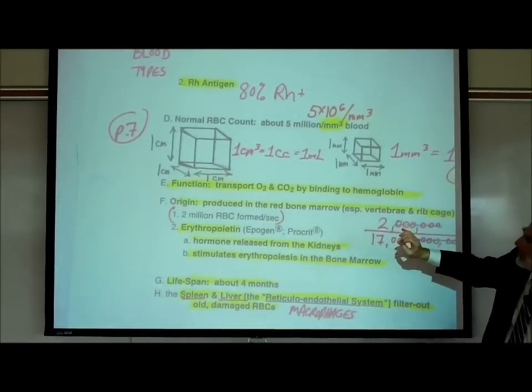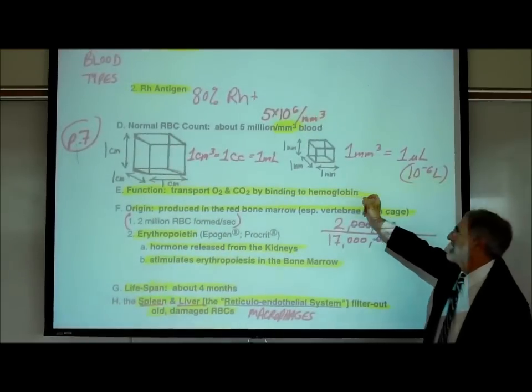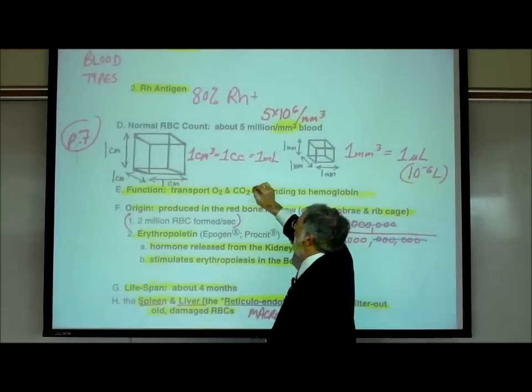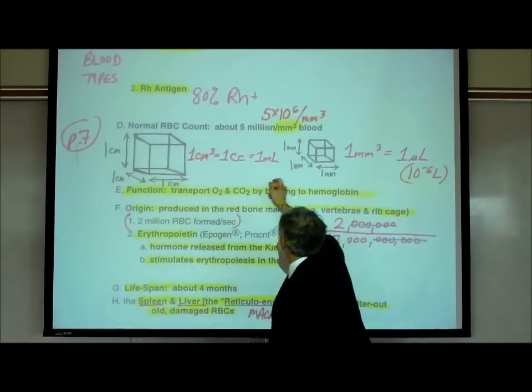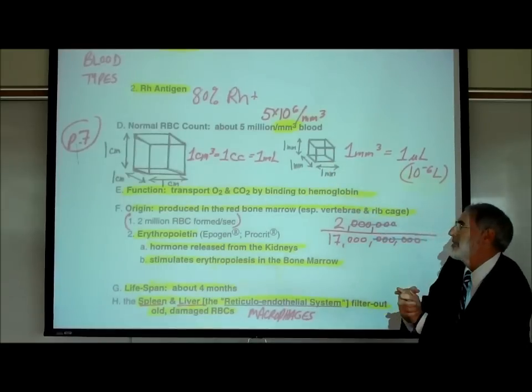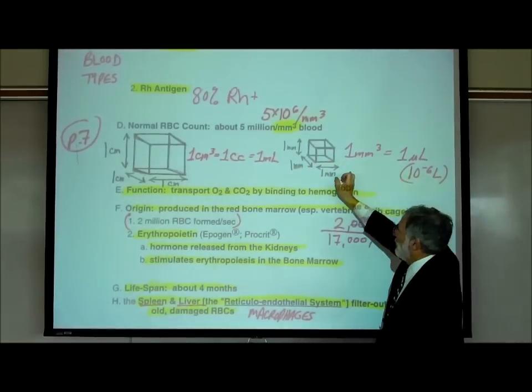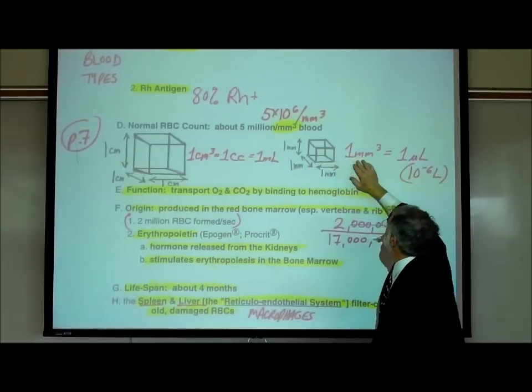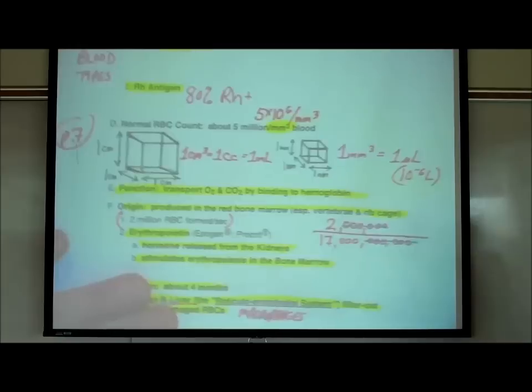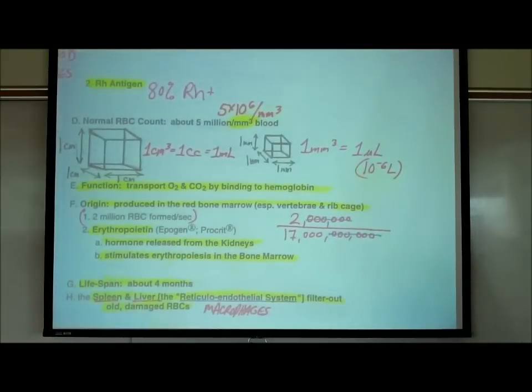A cubic millimeter is 1/10 of a centimeter on each side. So this is a box that's a millimeter tall, a millimeter deep, and a millimeter wide. That cubic millimeter holds a volume of a microliter of fluid, 10 to the minus 6, a millionth of a liter.